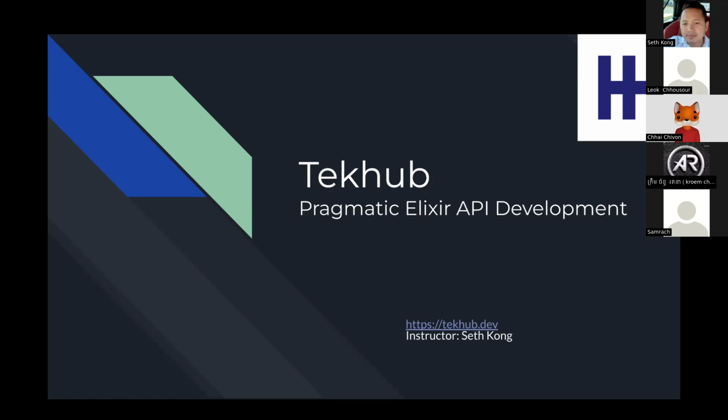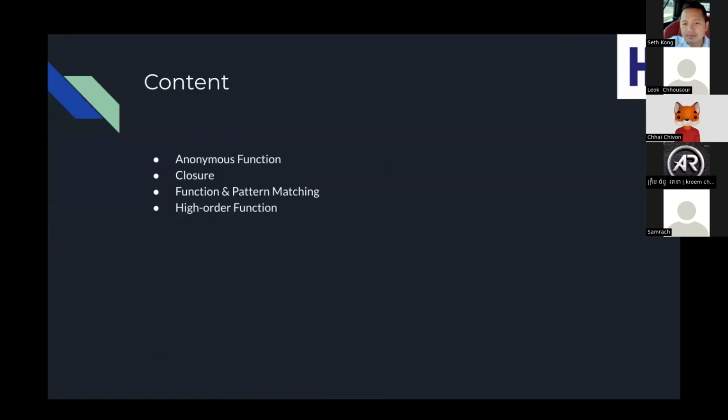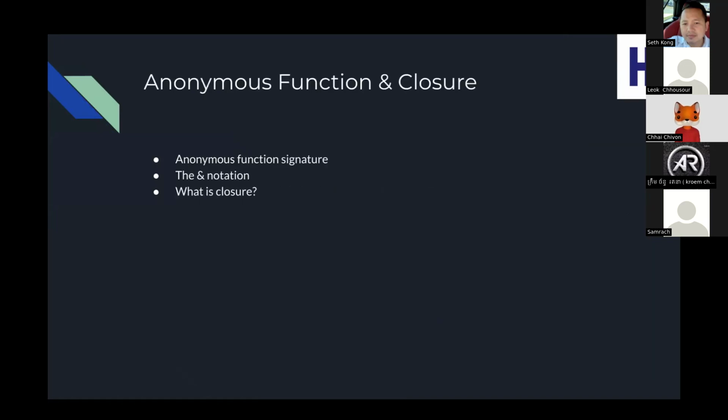Okay, the content for the day is anonymous function, closure function, pattern matching, and higher order function. First, we're going to take a look at how we define an anonymous function, the definition of how we define it, which we call a signature.